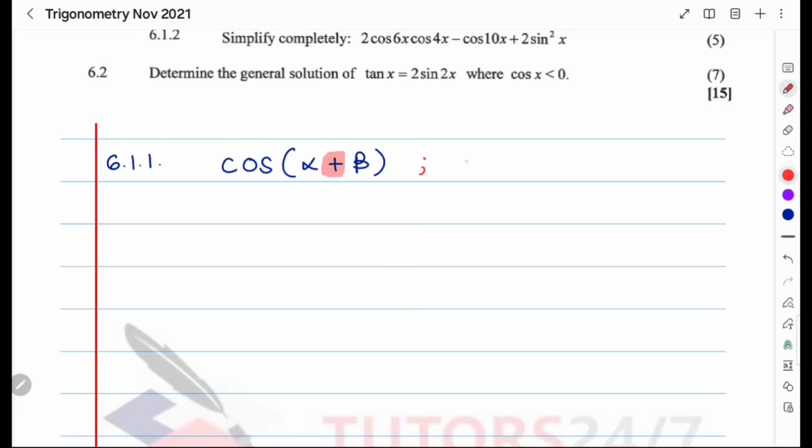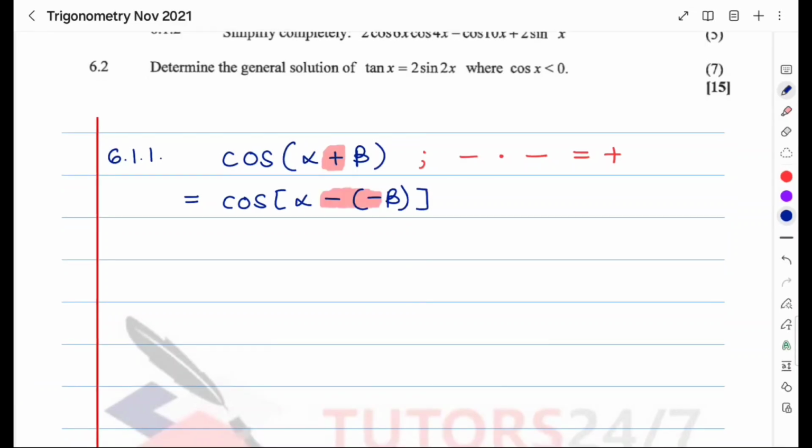A negative times a negative is equal to a positive. So we can rewrite this as cos of alpha minus negative beta. If you were to multiply the two negative signs, it will take you back to the original.